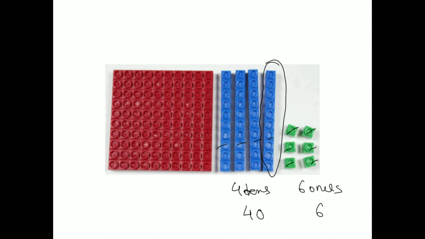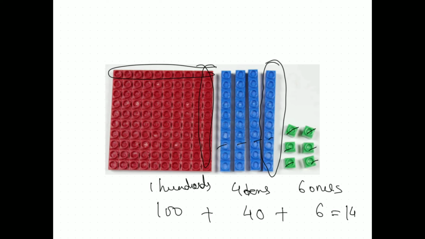That means 40. And this is 10 into 10. So this is 1 hundred. So that is 100. And if you add all of this, it will come to 146. So this is how you can use it.